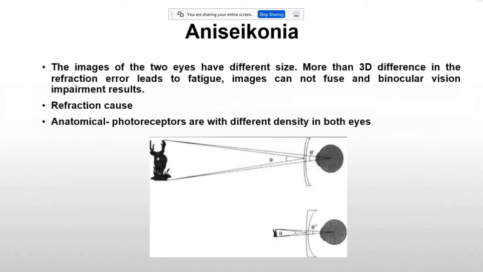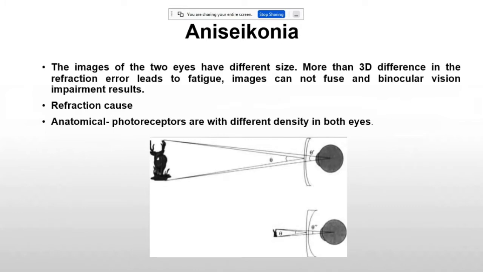And if we have a big image and a small image, the brain also can't fuse these two images. That is aniseikonia. Mostly it's because of refraction. For example, one eye has plus 7 diopters, the other plus 1.